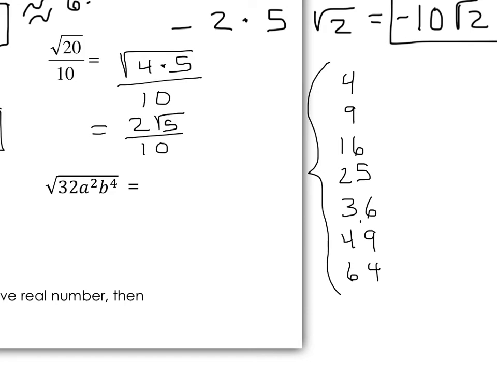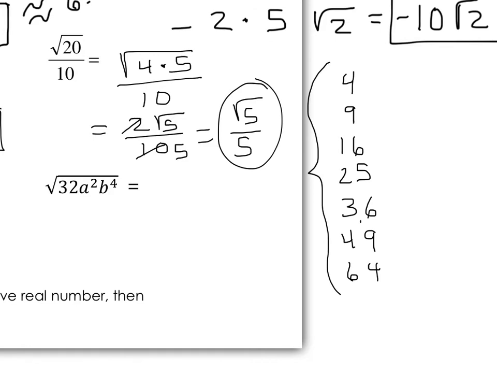The square root of 5 is 2.236. You can't cancel that, or you shouldn't cancel that into 10. But the 2 is not under the radical. You can cancel the 2 into the 10. It will go 5 times, and that leaves you with the square root of 5 over 5.